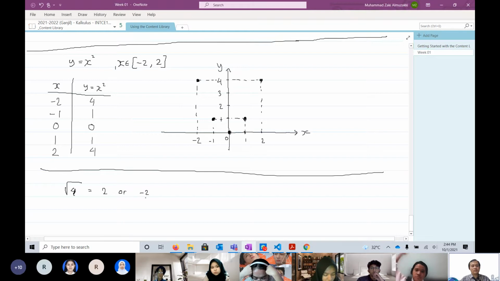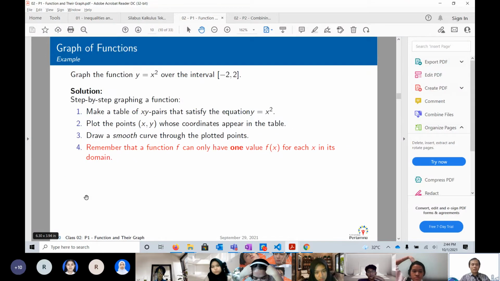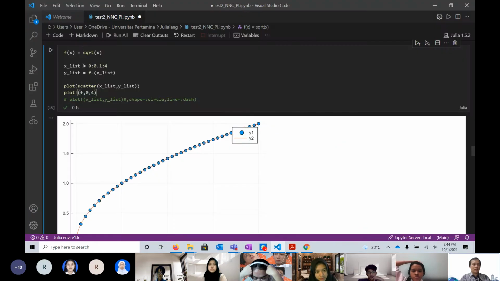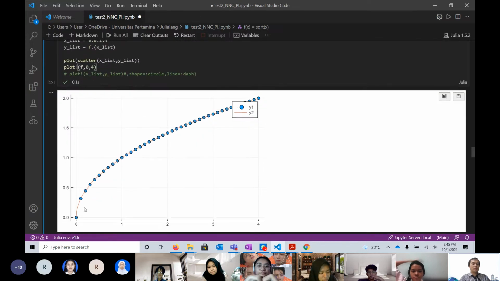Yeah. So we can have two values of square root of 4, right? But in a function, we cannot have this. So in a function, when we have f(x) equal to square root of x, we only take the positive value. So the plot is only the top one, not the bottom one.